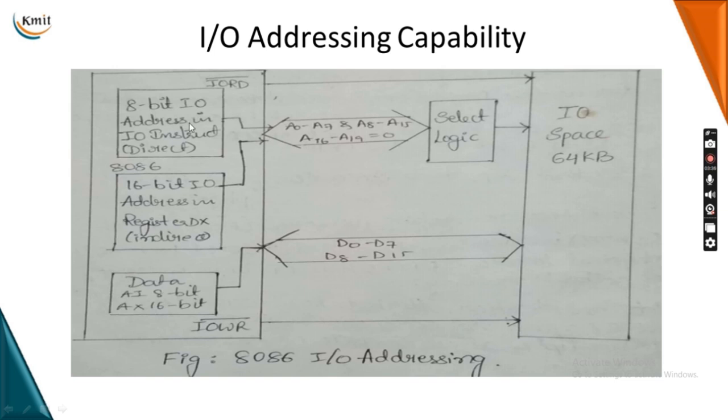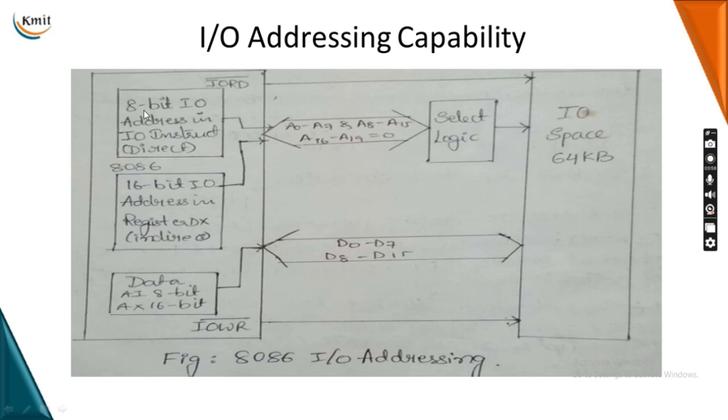Right? So if an 8-bit IO address is there and we need to store it in the IO space, then the lower order is A0 to A7 and A8 to A15 is the higher order.